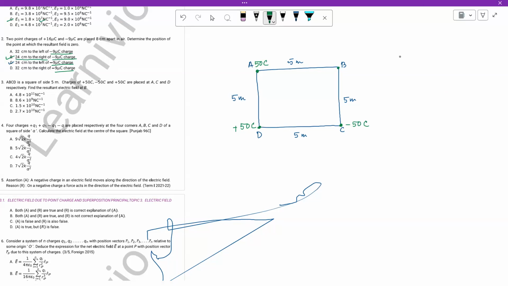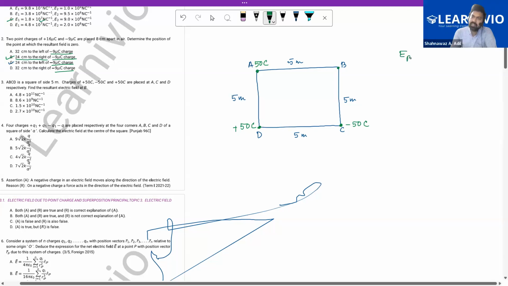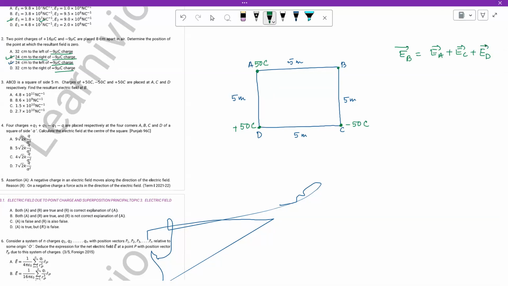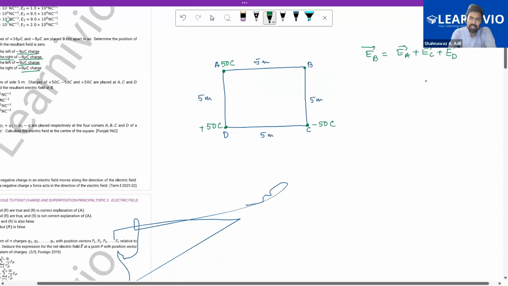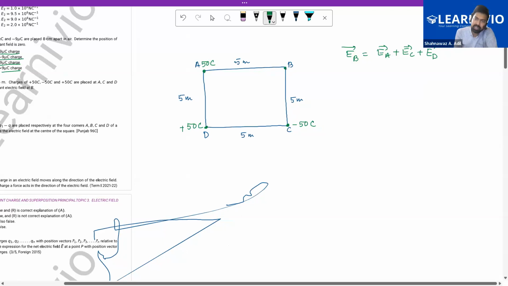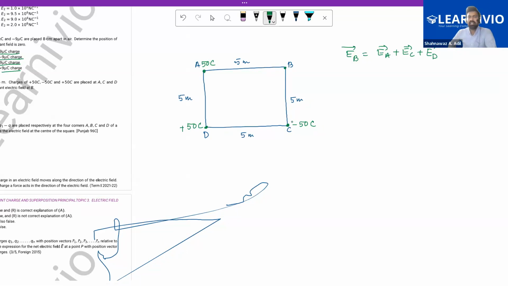Ultimately what we have to find out is the EB vector, which would be the contribution from A, contribution from C, and contribution from D. Am I correct? Superposition principle. So due to C, what would be the direction of the electric field?